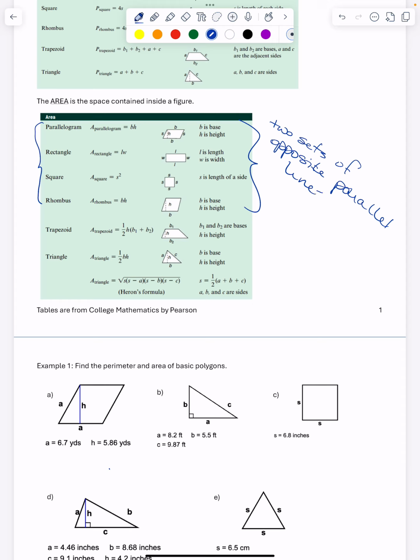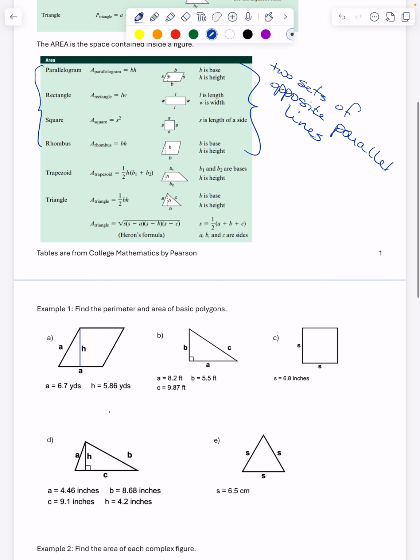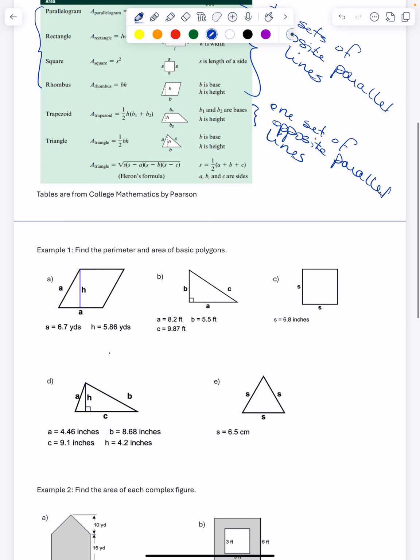So you'll see number 1 doesn't specifically state we have that height in there. We are going to assume that we've got 2 sets of opposite parallel lines, which will make them the same length as well. Trapezoid has 1 set of opposite parallel lines. And then we have triangles at the bottom.